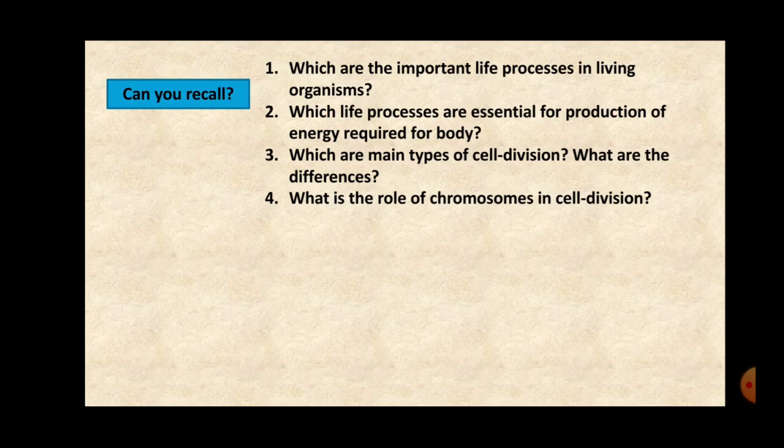How do they become half? Because meiosis is divided into two, meiotic first and meiotic second. In meiotic first, the number of chromosomes becomes half, right? And meiotic two is nothing but similar to mitosis, where the number of chromosomes remains the same.